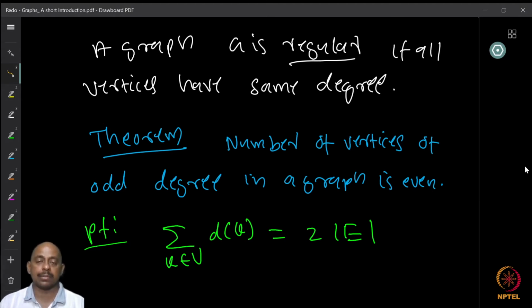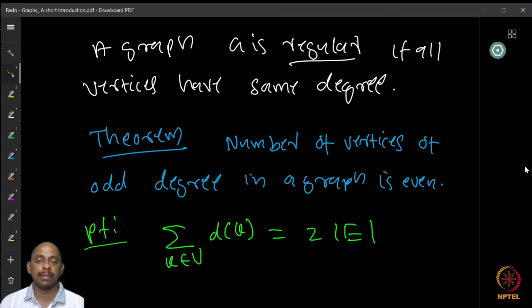Now, suppose you have this, right? Suppose you have the sum of all the degrees equal to twice the number of edges, then the theorem is immediately clear. Why? Because if you have a graph where there are an odd number of odd degree vertices, then the remaining vertices, if there are any, will all have even degrees, right? So now let us look at the sum of the degrees.